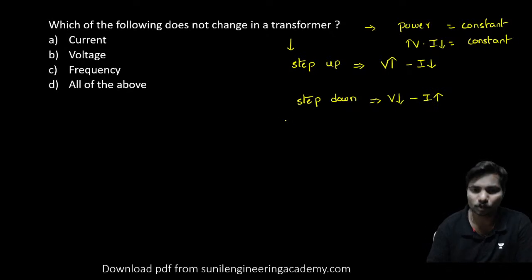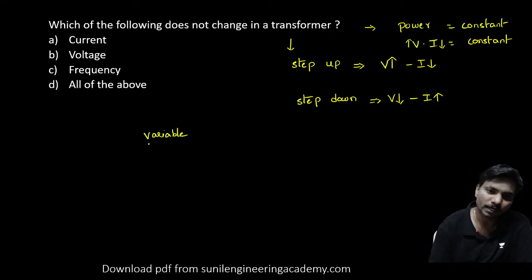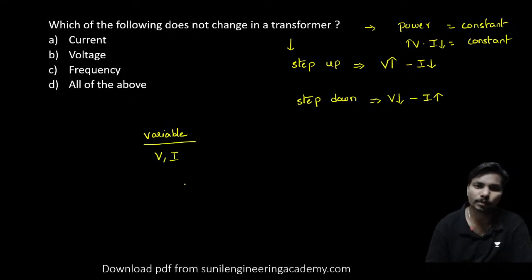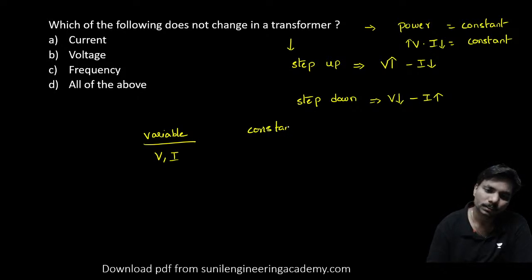So what are the variable quantities here? Voltage and current. These two are variable quantities. Which are constant quantities?